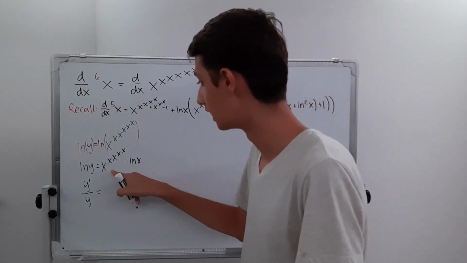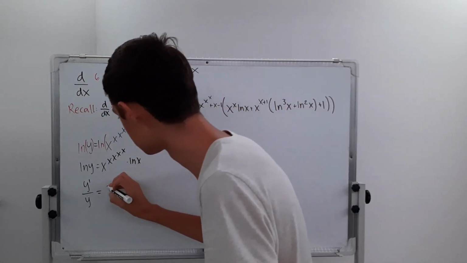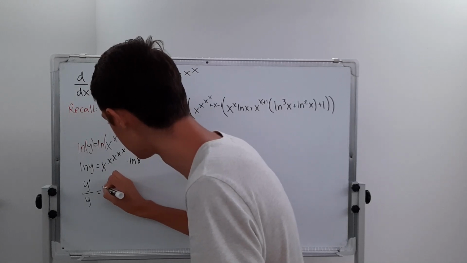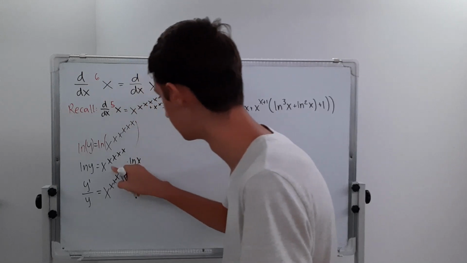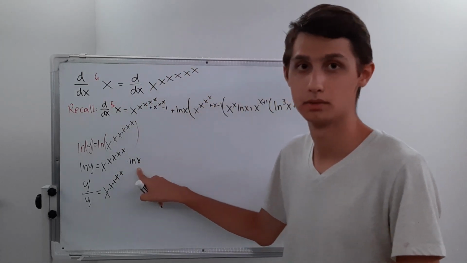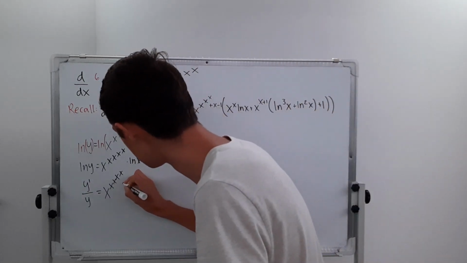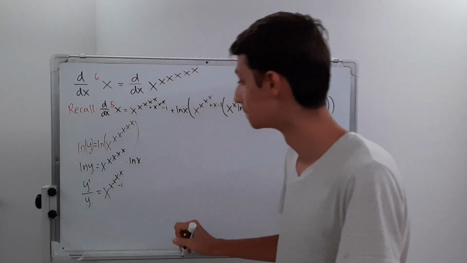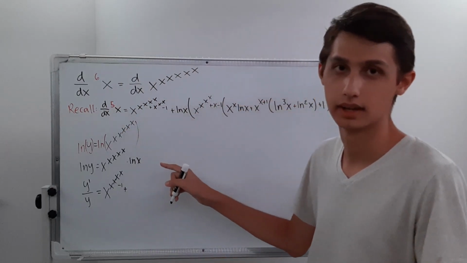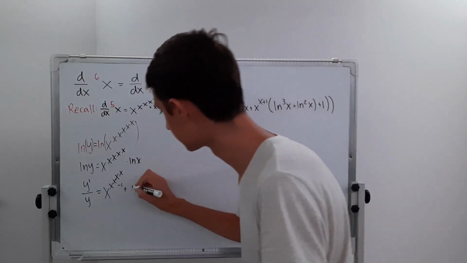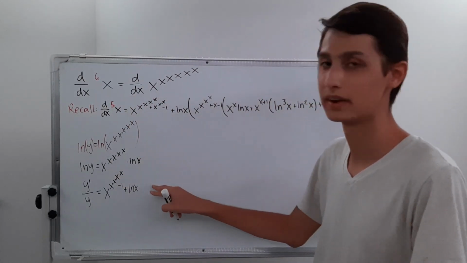This is going to be equal to this times the derivative of that, so we have x to the x to the x to the x to the x, 5 of them, times the derivative of ln x, which is 1 over x, so we can just subtract a 1 off here, so we put the minus 1 there, plus, again, this is just the product rule, so then we have ln x times the derivative of this, which I'm not going to write out right now.